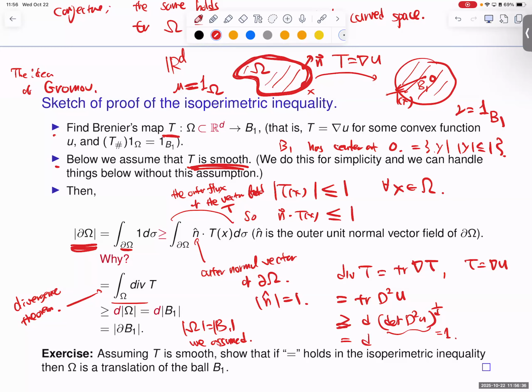Question? Yeah, you need smoothness, but I think even this part can be done in a more general context.